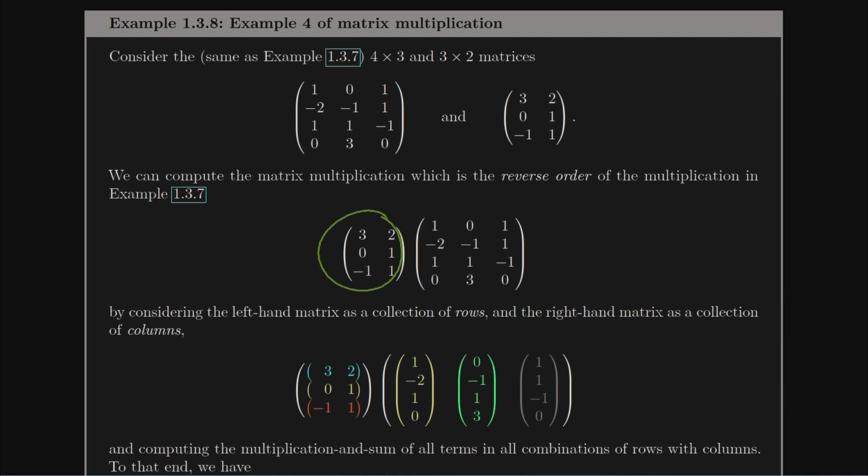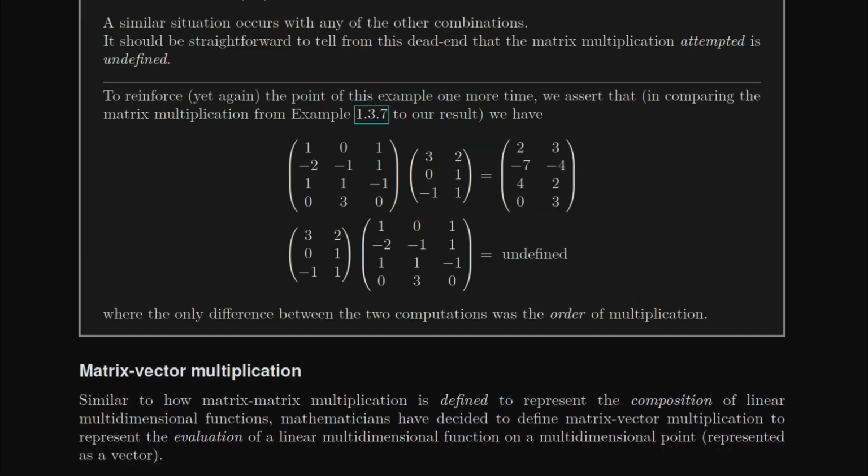It has 3 rows and 2 columns, so this is a 3 by 2 matrix, and then this one has 4 rows and 3 columns, this is a 4 by 3 matrix. If you look at the 2 here and the 4 here, those numbers are not equal, and if those numbers are not equal, there's no way you're going to be able to multiply the matrices. And that directly corresponds to composing two functions.